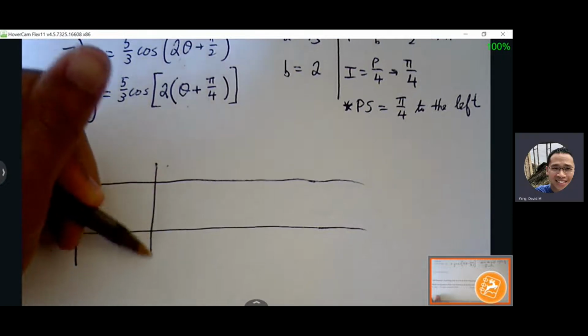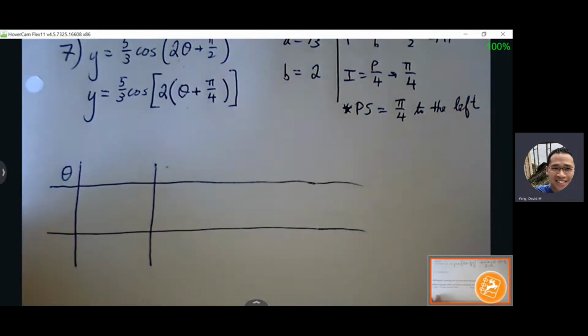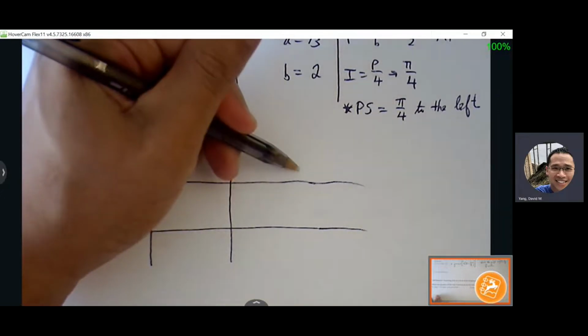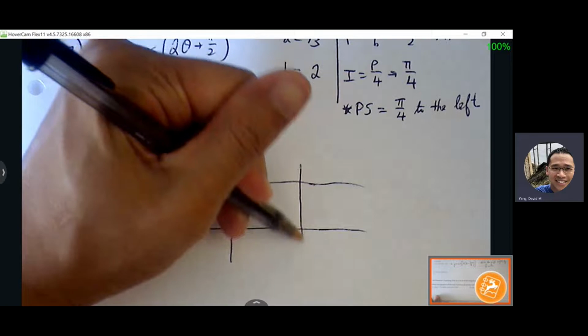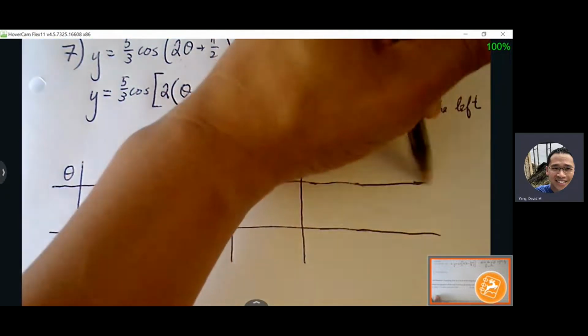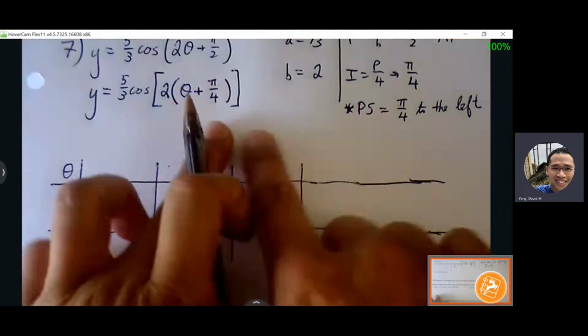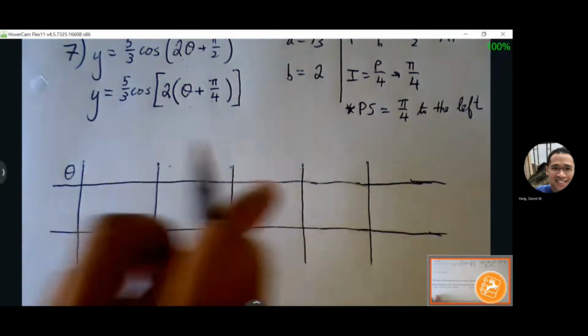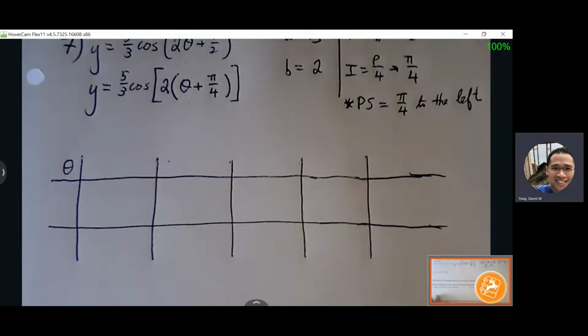For now, just let it take up the entire length of the paper until you feel more comfortable, and you can decide how wide you want to make it. If you want to make it shorter, you can. But for now, just make it as wide as possible. We just want to have as much room as we can, and give yourself some space up here as well. Okay, so we got five slots, right?